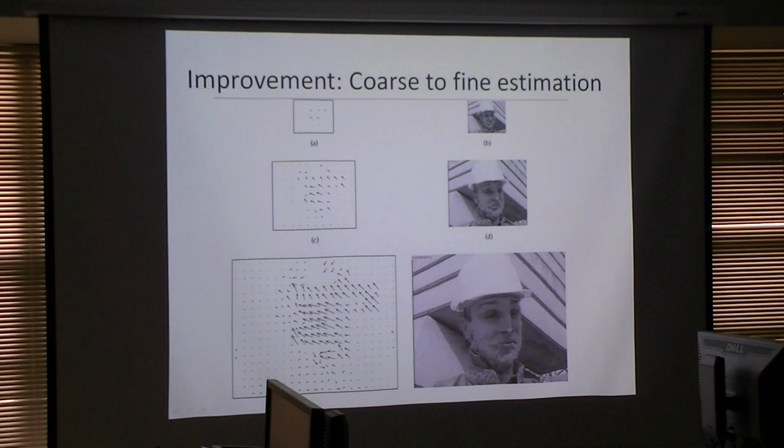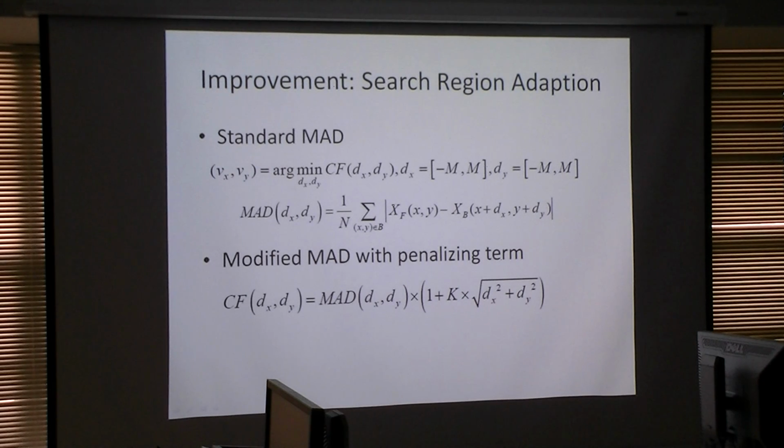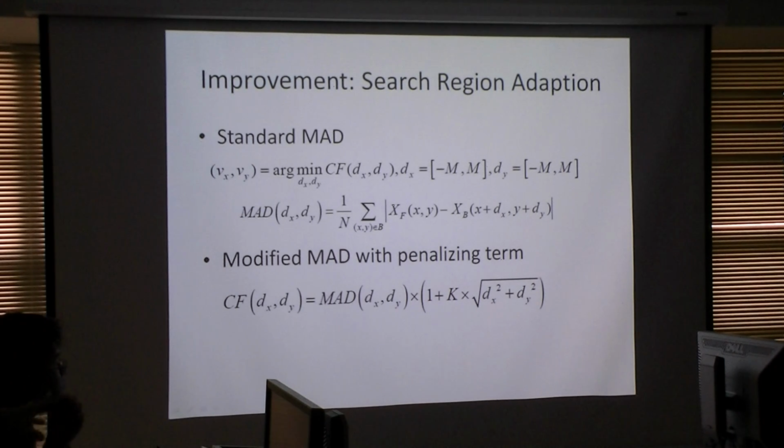But if dx and dy are both equal to 0, I think MAD is also 0. K can be 0 in this case. If you set K equal to 0, then it's reduced to the traditional definition of the MAD, right?